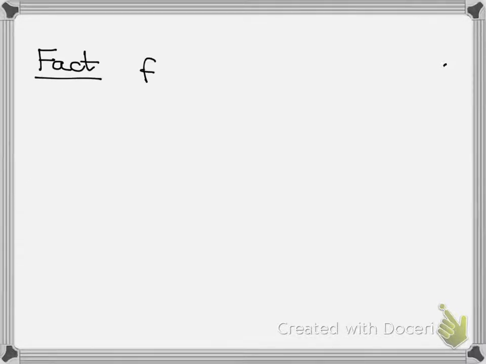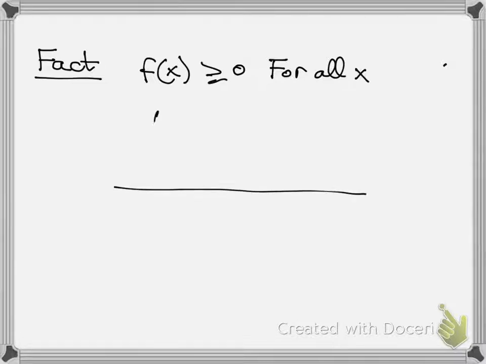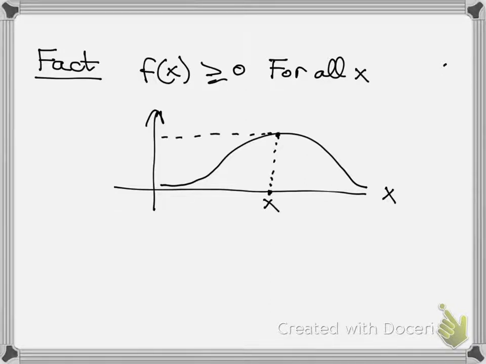Well, f of x is always larger or equal to 0 for any x, for all x. So what I'm saying is that here, this is my x, this is my f of x, the height.